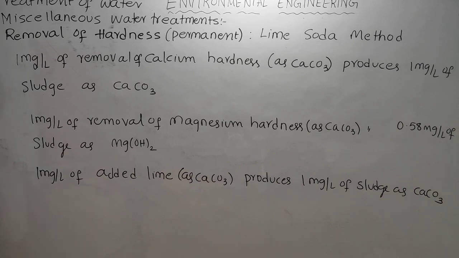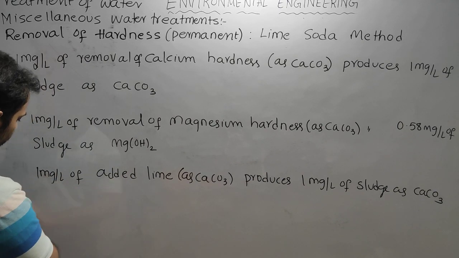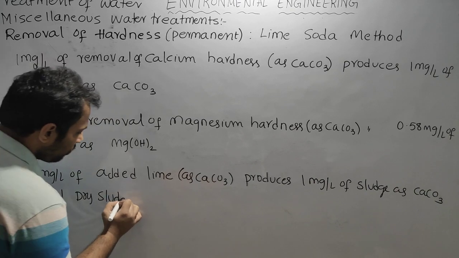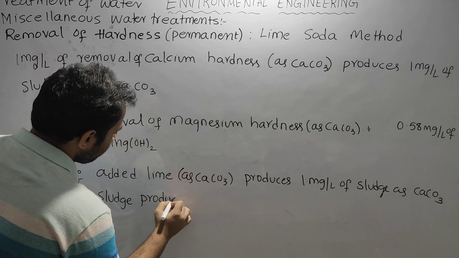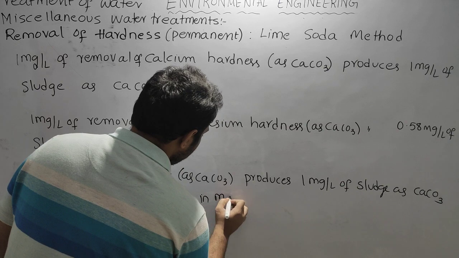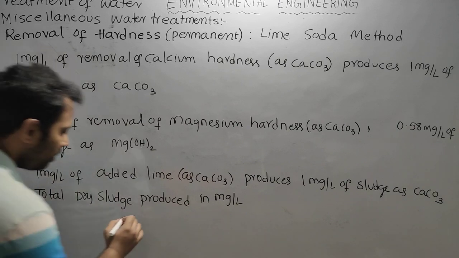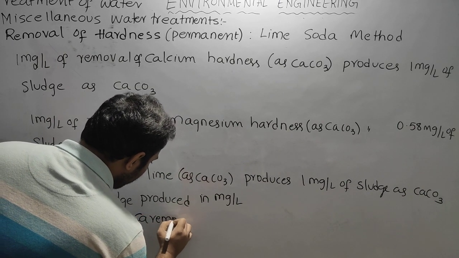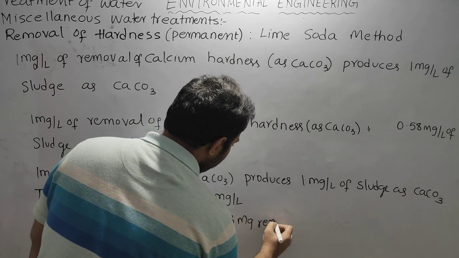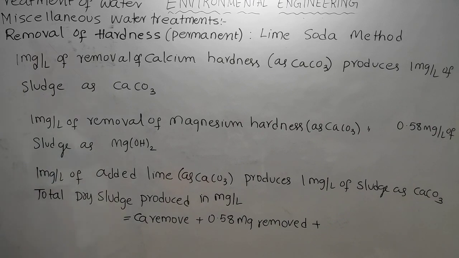So the total dry sludge produced in mg per liter is equal to the calcium removed, plus 0.58 times the magnesium removed, plus the lime added.